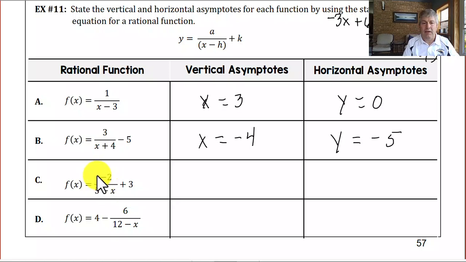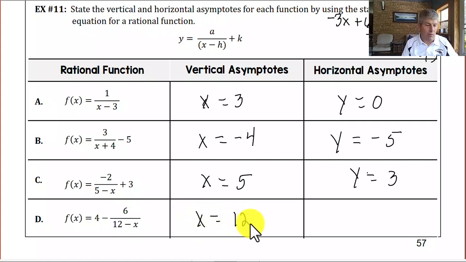In C, the denominator becomes 0 when x is equal to 5, so that's going to be our vertical asymptote, and our horizontal asymptote is, again, the constant at y equals 3. And in sample D, our vertical asymptote will be at 12, and our horizontal asymptote will be at 4.